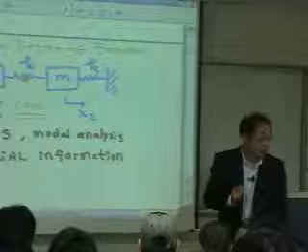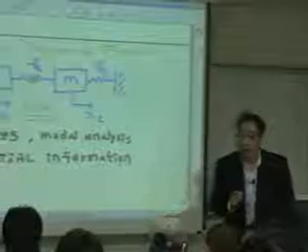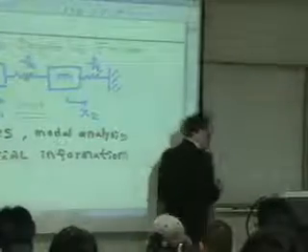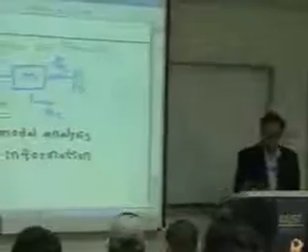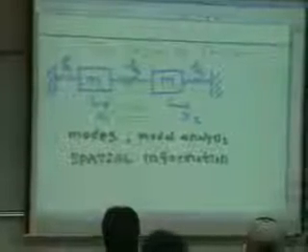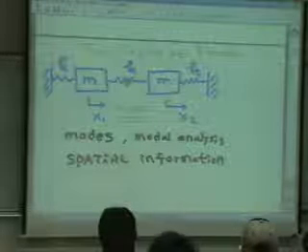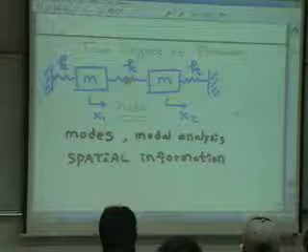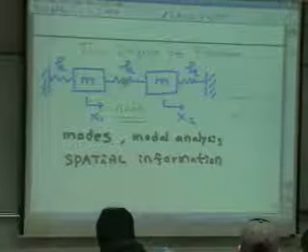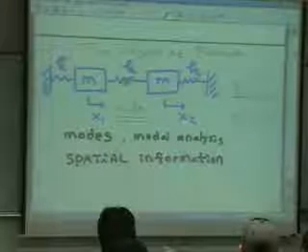Right? What is the anti-node? What does it mean by anti-node? If we draw the shape of this mode, for example, x1 over here and x2 over here, the magnitudes, then one looks like this, right?